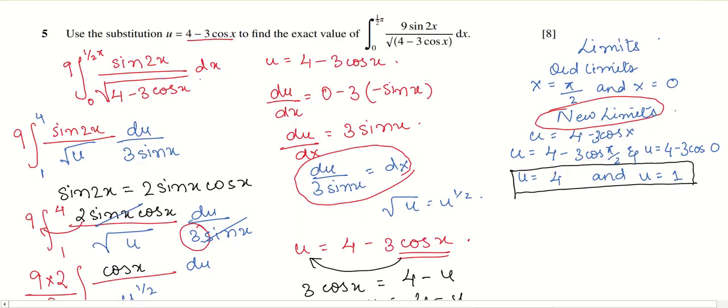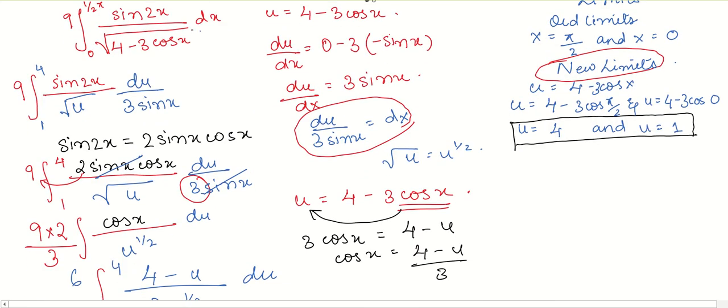And then of course, instead of 4 minus 3x, you'll write u, and sine 2x you'll have to expand, and you'll write 2 sine x cos x. And you will have to see if there are some terms that you can cancel, you'll cancel it.